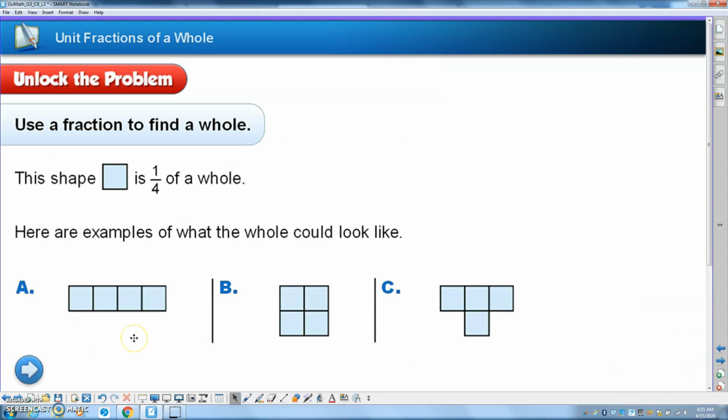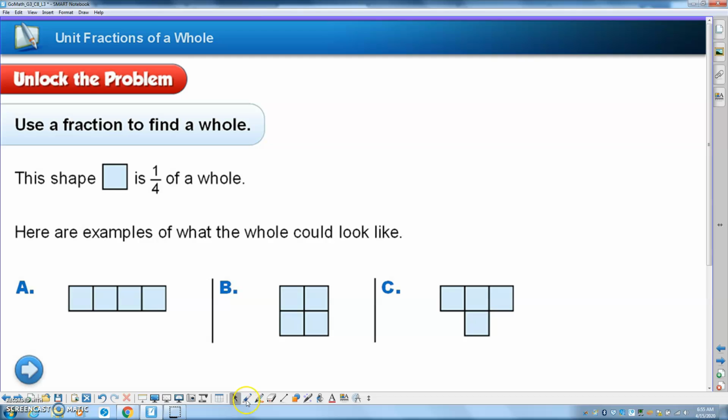So here we have the fraction 1/4, and we can see 1 square is going to be the unit fraction. It's going to equal one of the pieces. If we look here, A shows us that there are 4 equal pieces. 1, 2, 3, 4. 4 pieces to make up the whole.